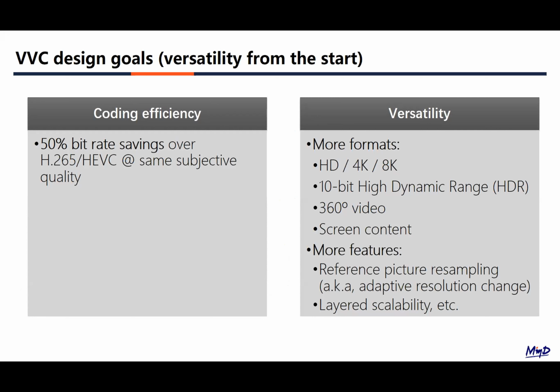And what I mean by versatility is that VVC wants to look at more formats, more types of video content: SDR in different resolutions up to 8K, also HDR in 10 bits, 360-degree video for VR applications, and also screen content for what we're doing now, things like screen sharing. We also, along the way, included more features, and I'll talk about these later in the slides, to address the needs of more applications.